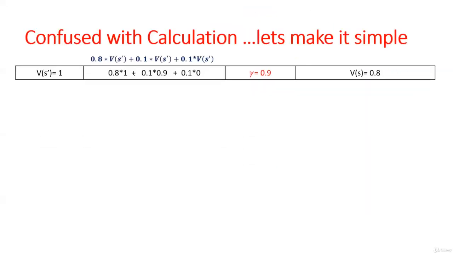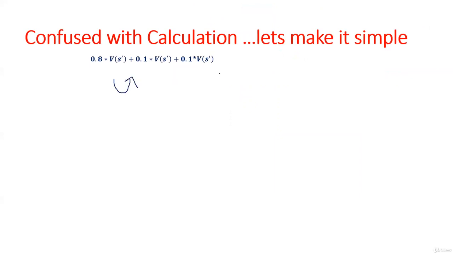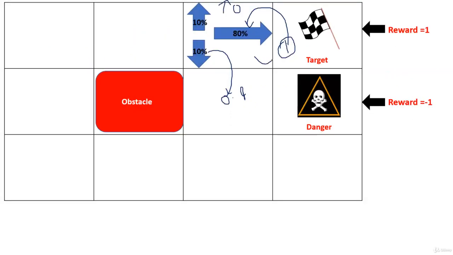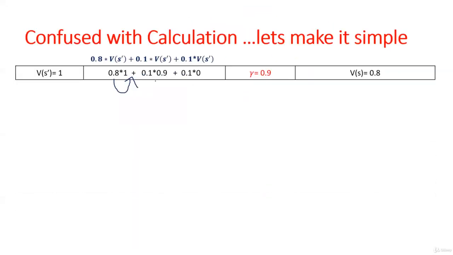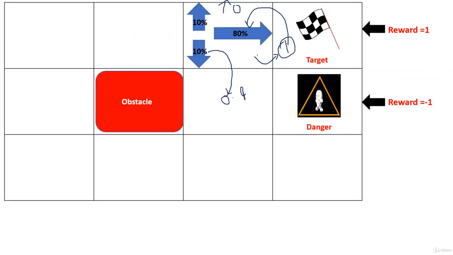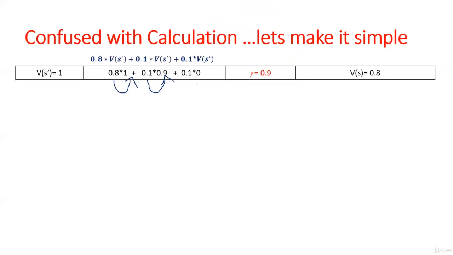The calculation goes this way: 0.8 multiplied by 1, then 0.1 multiplied by 0.9, and then 0 multiplied by 0.1 for the wall.